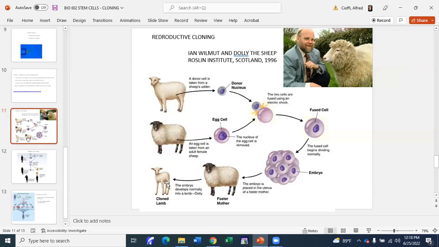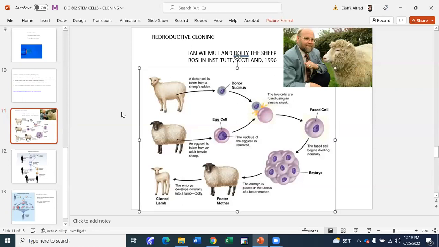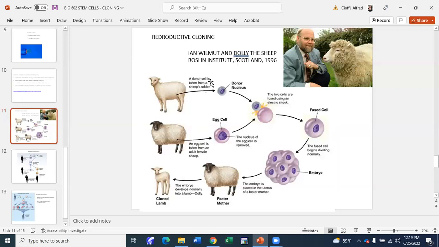So we know that Dolly is an identical twin to the one who donated the somatic nucleus, right? And we know from Dr. Wilmut that the somatic nucleus came from the udder of this donor sheep, okay?